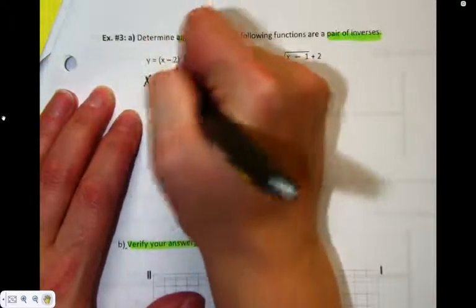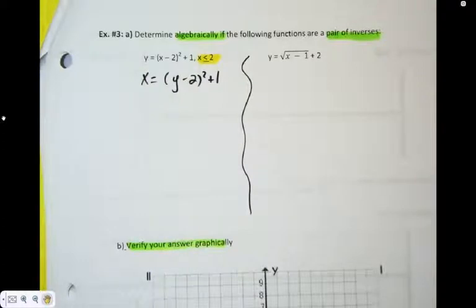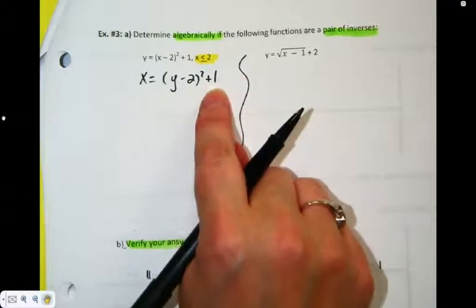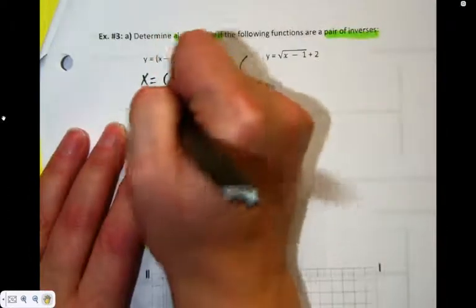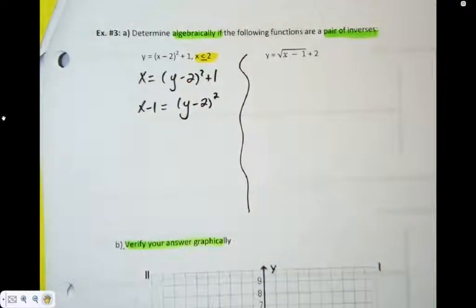Switch x and y. So x comes to the left, y goes to the right. Now what? Okay, how do we get rid of a +1? -1. What's the opposite of squaring?